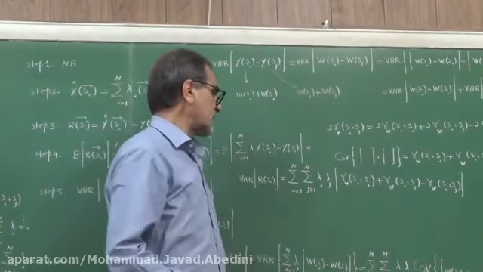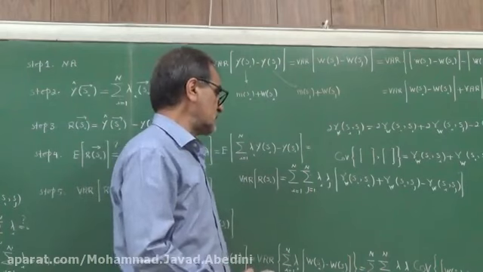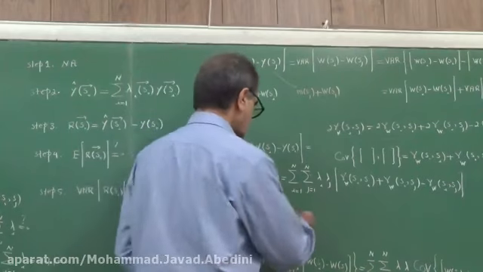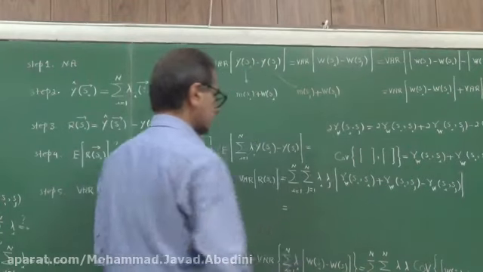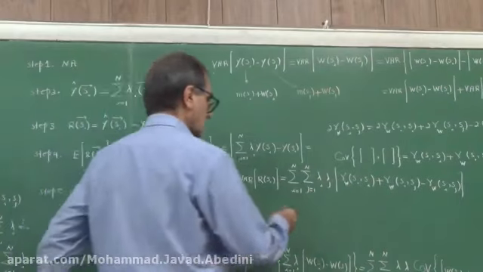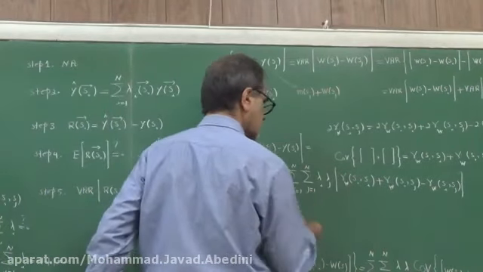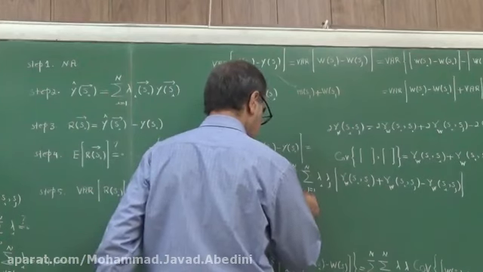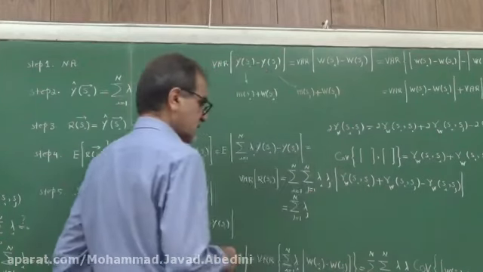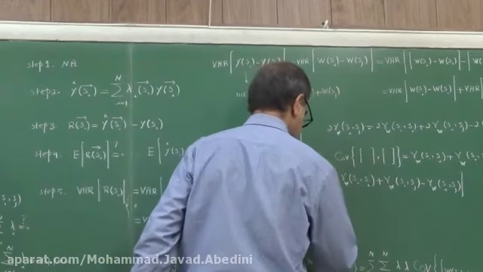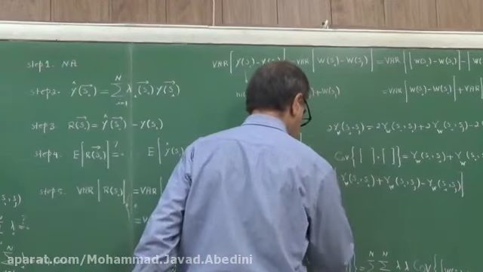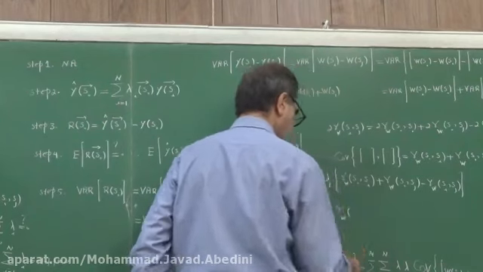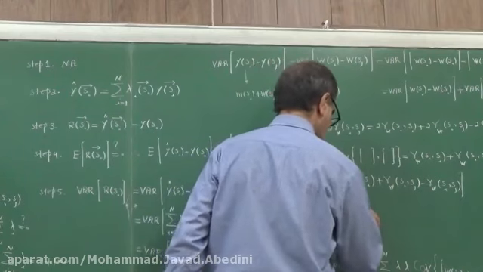This first term can be put in separable form. You can write it as summation j from 1 to n lambda j times summation i from 1 to n lambda i gamma w S0 Si.